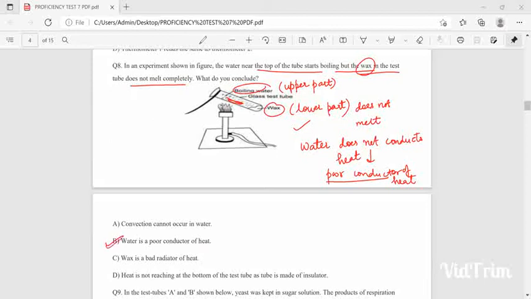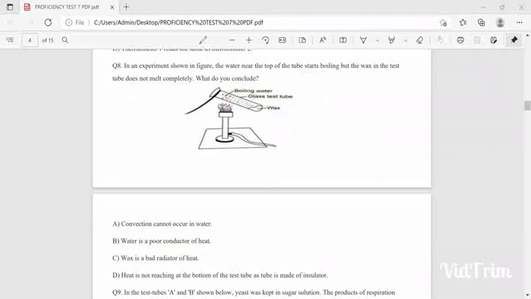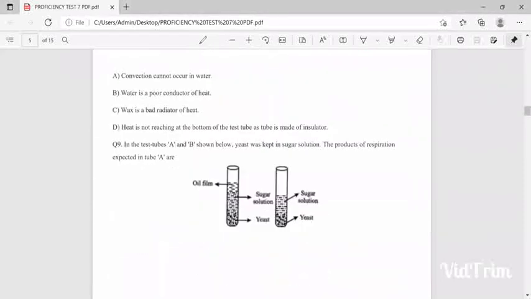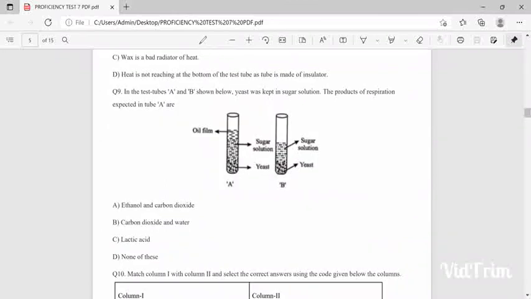Now question number 9. In the test tubes A and B shown below, yeast was kept in sugar solution. The products of respiration expected in tube A are, after that a figure is shown and four options are given. Now if you look carefully at the figure, you can notice that in test tube A there is an oil film.